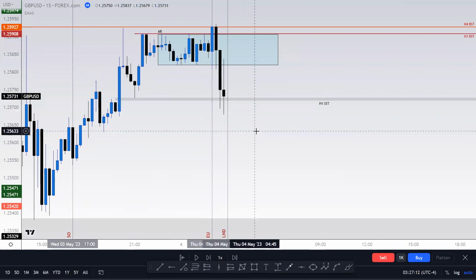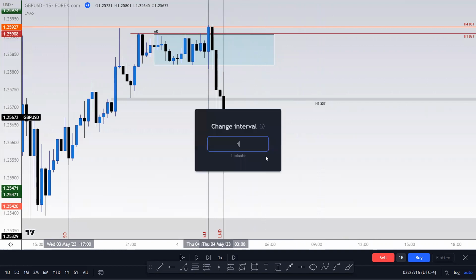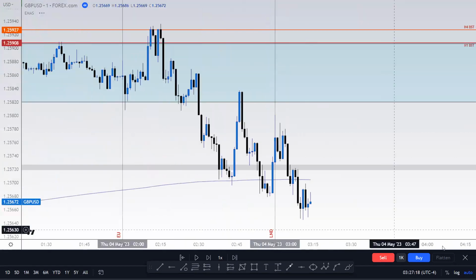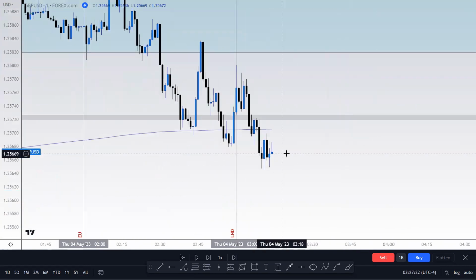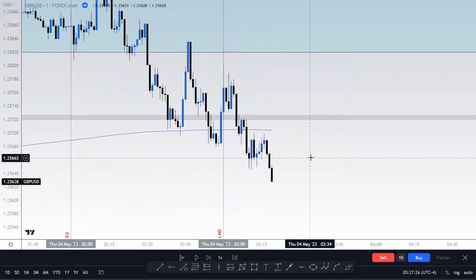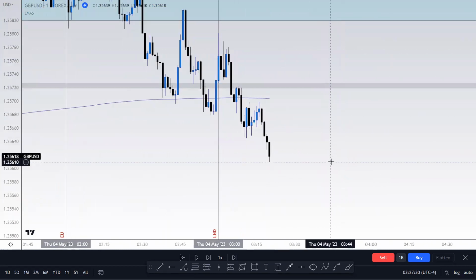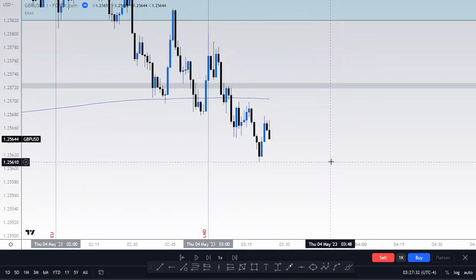And now what we're interested in at London Open is trading a reversal to the upside. So what we're looking for in this case is a 1-minute confirmation to go long, in order to trade that reversal.